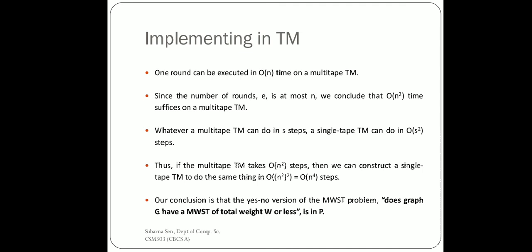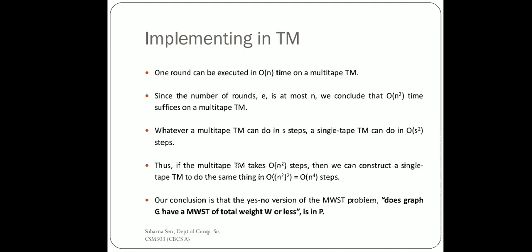And since we have proved that any multi-tape Turing machine can be simulated using a single tape Turing machine with the time squared, it can be done using a single tape Turing machine in order of n to the power 4, right?